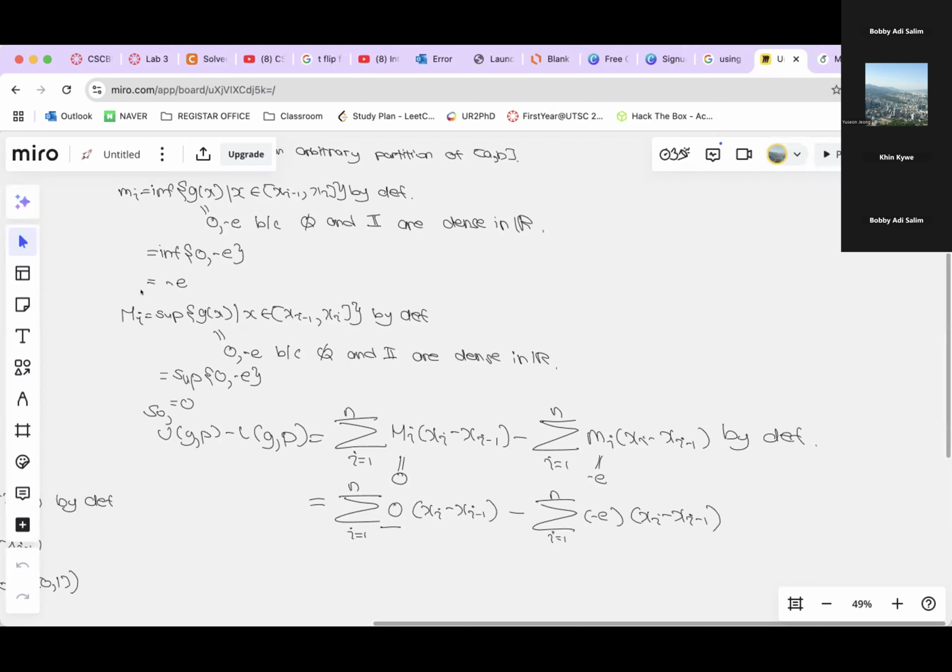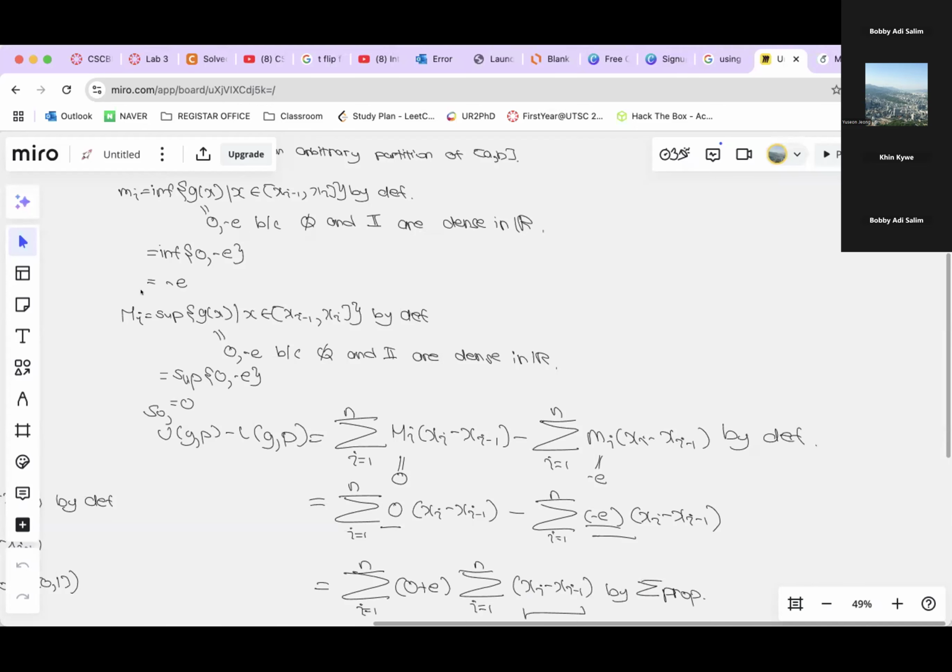So these are constants. We can take them out by summation properties. Sum from i equals 1 up to n, 0 plus E, because it's minus negative E, and then the summation of i equals 1 to n of Xi minus Xi minus 1 by summation properties. So it's going to be 0 plus E.